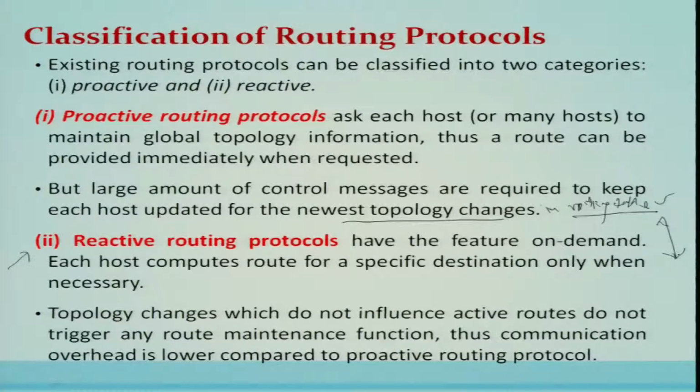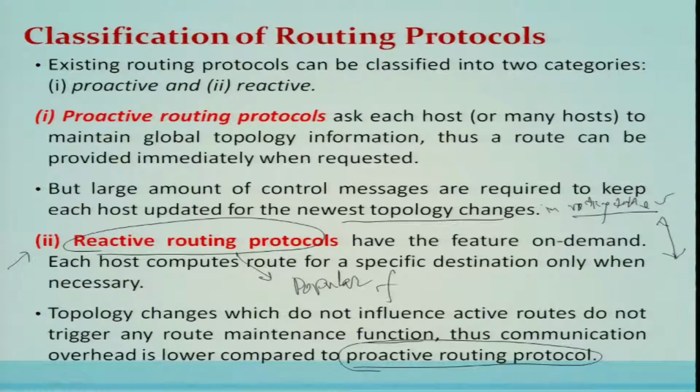Topology changes which do not influence the active route do not trigger any route maintenance function, and thus the communication overhead is lower. So in comparison to proactive routing protocols, reactive routing protocols are very popular for ad hoc networks such as sensor networks.